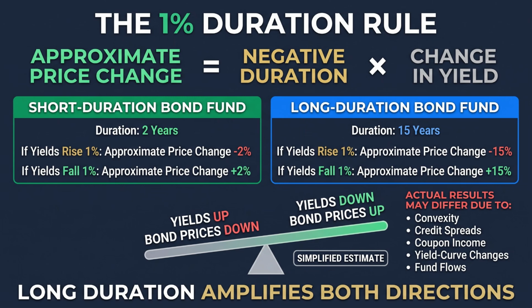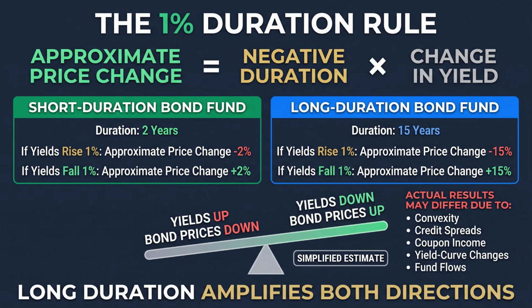If yields fall by 1 percentage point, the price might rise by approximately 2%. Now compare that with a long-duration fund carrying a duration of 15 years. A 1 percentage point increase in yields could produce an approximate decline of 15%. A 1 percentage point decline could produce an approximate gain of 15%.